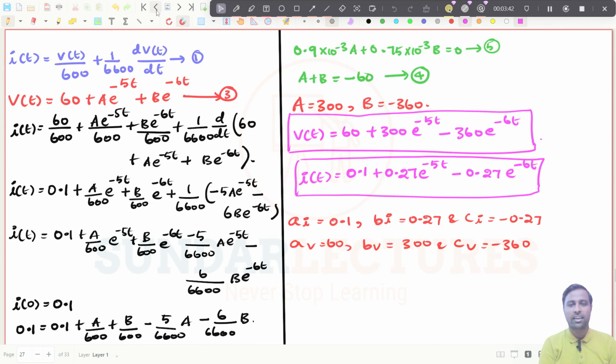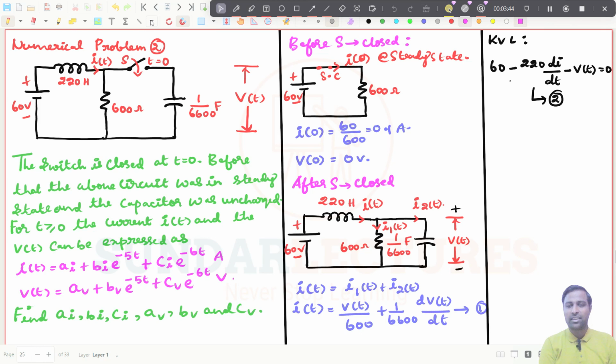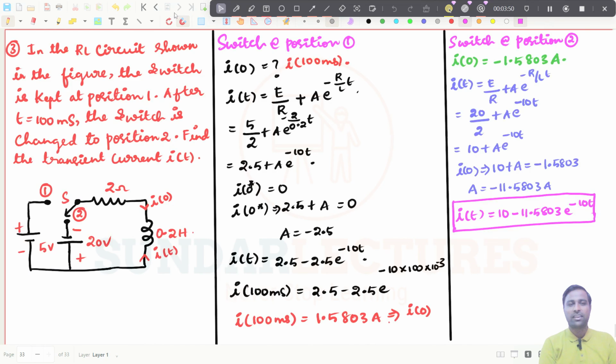You can see these kinds of problems in GATE exams or in NPTEL exams. But these kinds of problems are very simple and may be asked in your examinations. Try to solve many problems on your own. That will help you to understand RL, RC circuits with DC inputs, right?